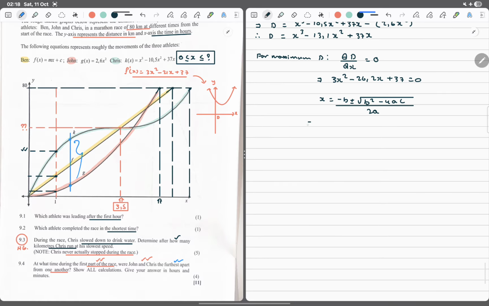So x is going to be minus into minus 26,2 plus or minus the square root of minus 26,2 all squared minus 4 into 3 into 37, all divided by 2 into 3.